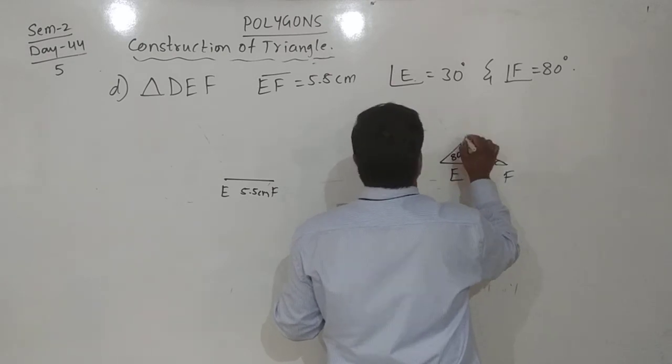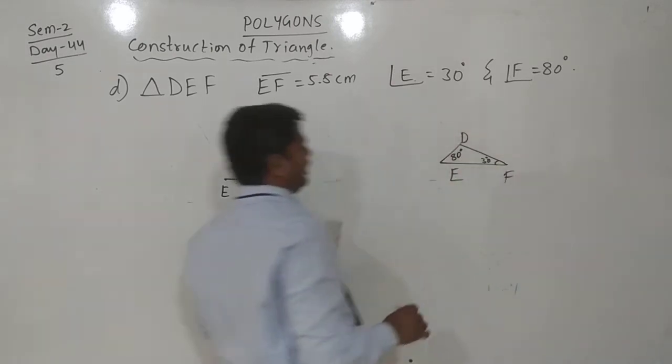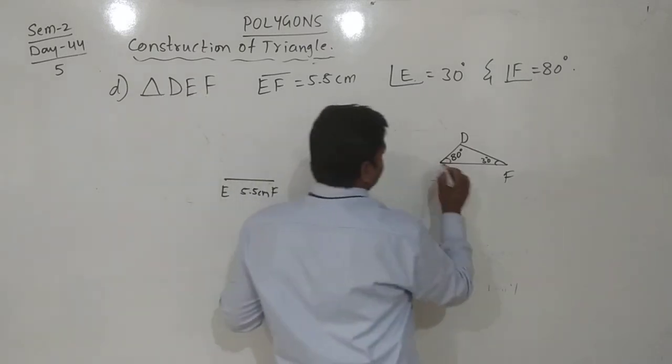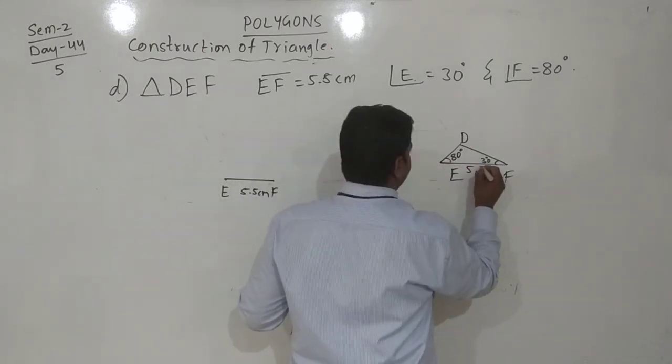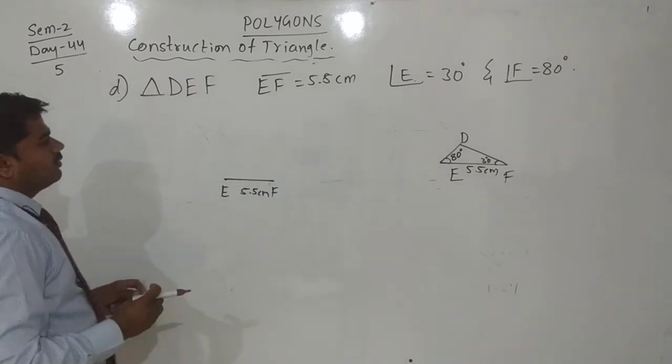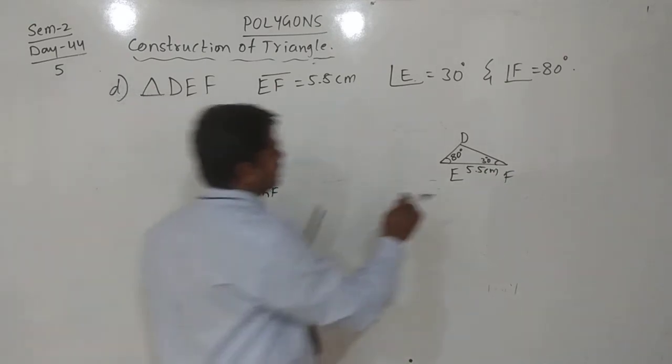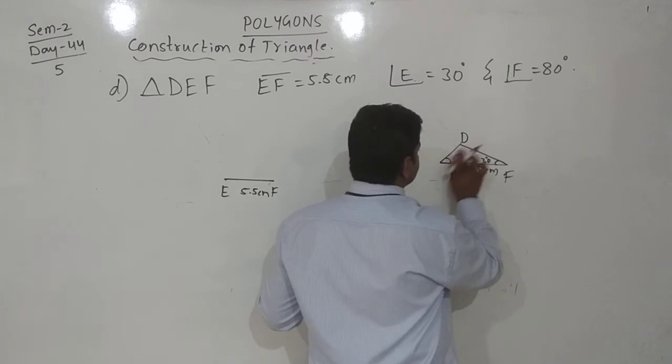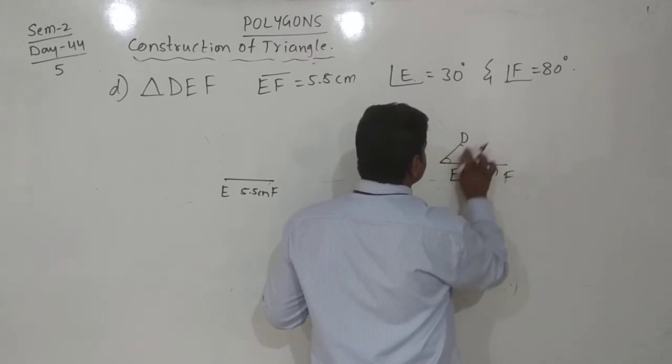Yes, D, E, F like this. Here it is 5.5 centimeter. Now we can have E. Angle E is 30. Sorry, here. Reverse, angle E is 30, D is yes.